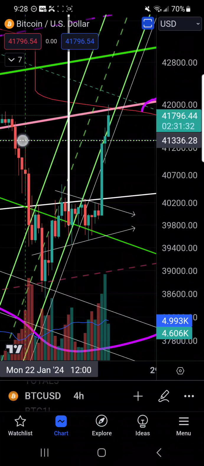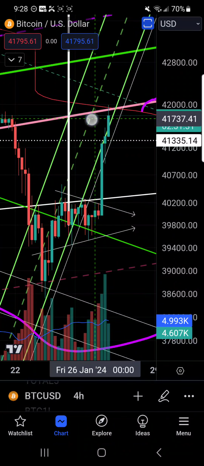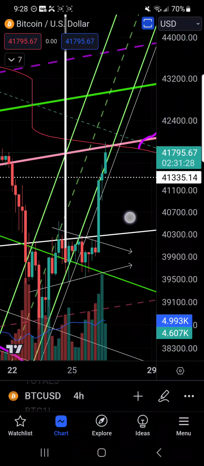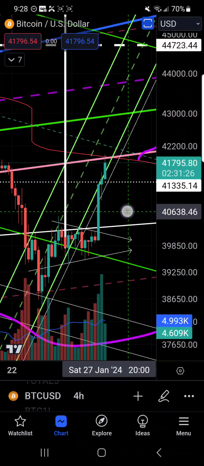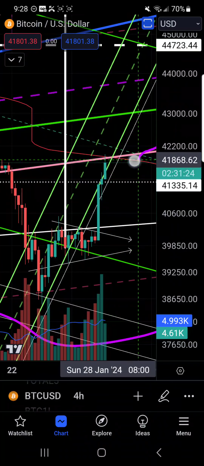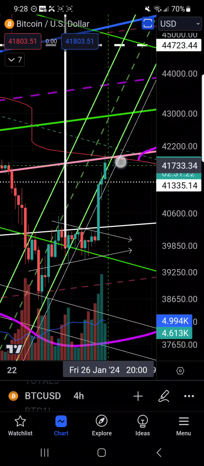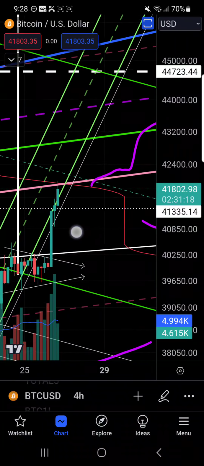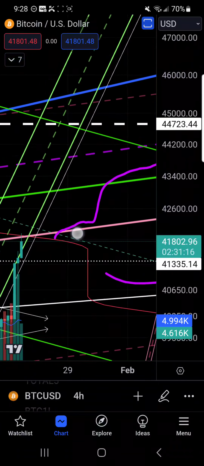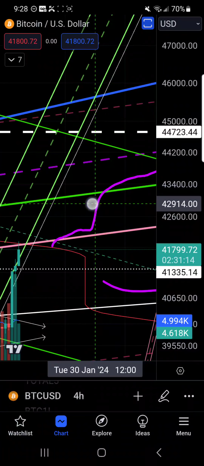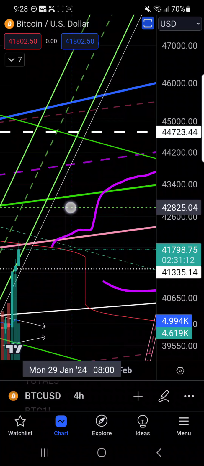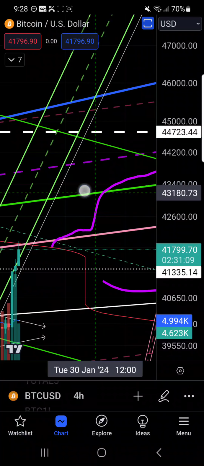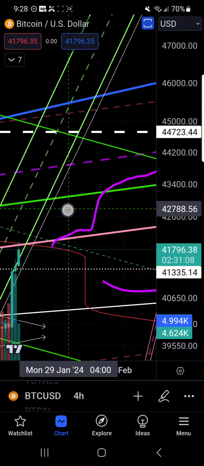And onwards and upwards to the next channel, our next support resistance zone. So currently we've been stopped by that, and I imagine we'll stay here and consolidate over the weekend. Afterwards, we will move onwards and upwards to the top of our green parallel channel here and struggle with that.